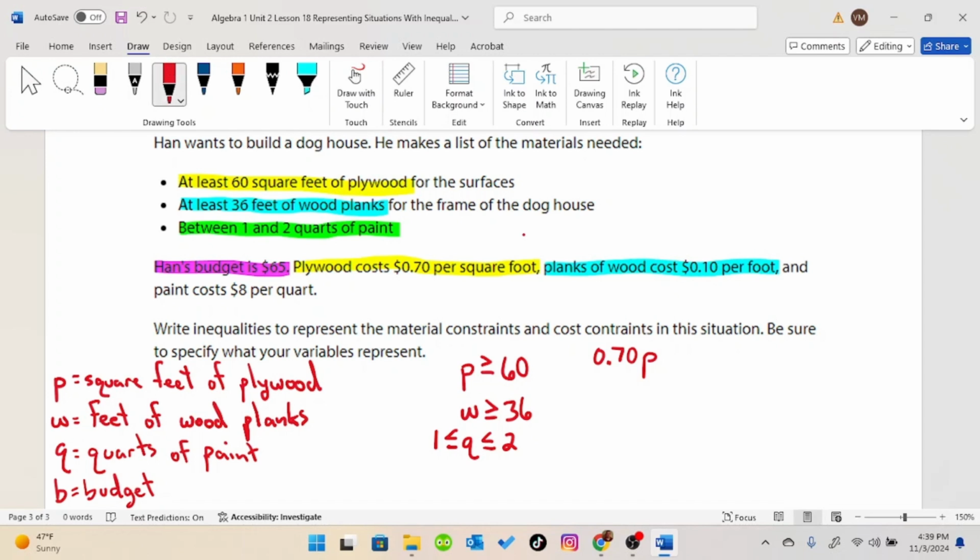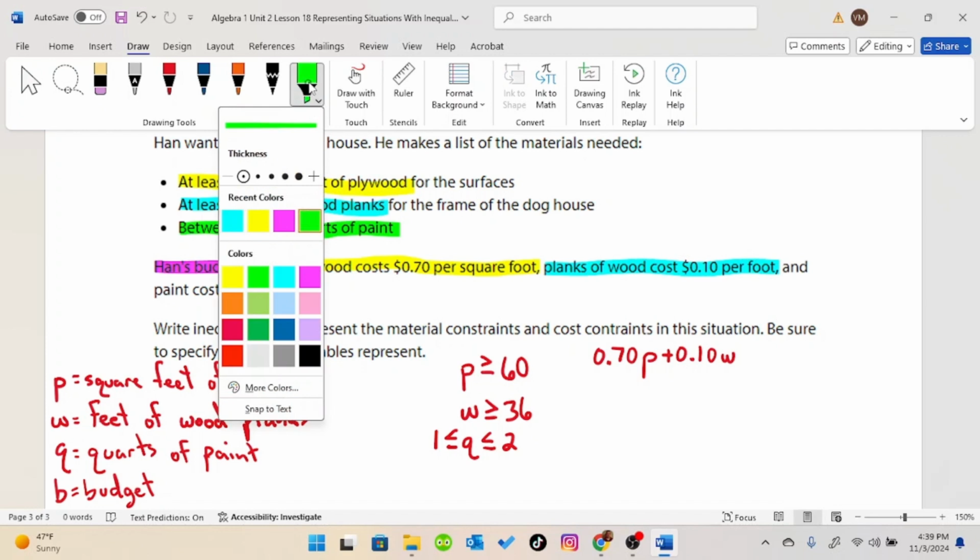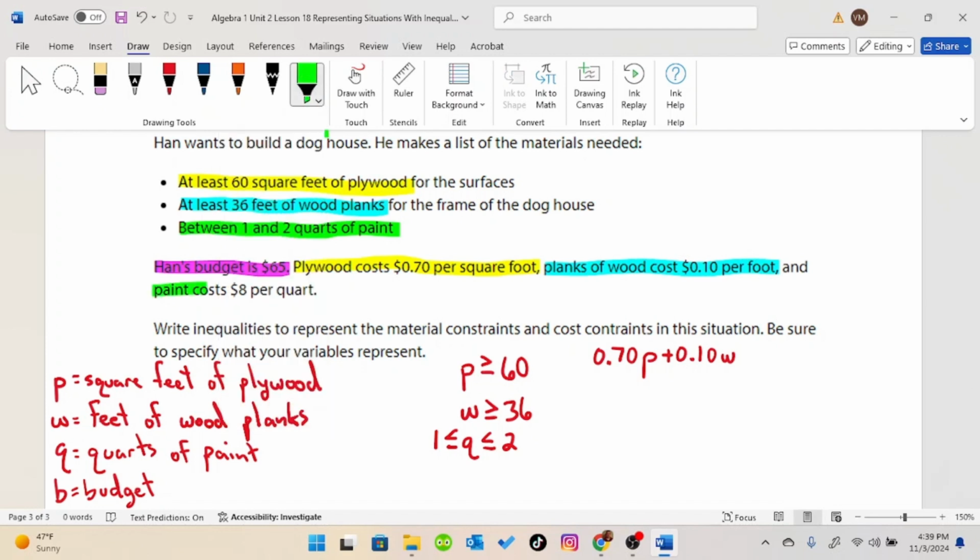So when we write that cost, it would be 0.10W. And the last cost that we know is paint costs $8 per quart. So when we write that cost, it would be 8Q.